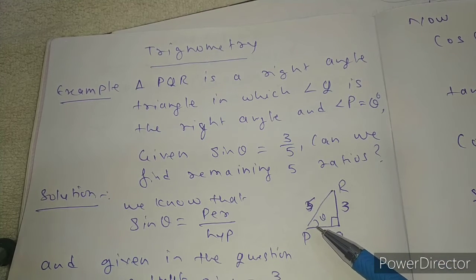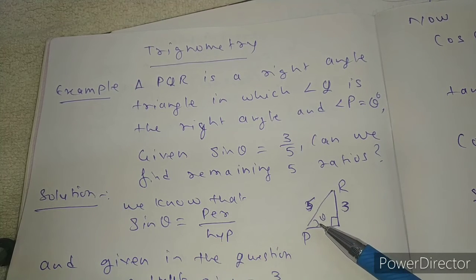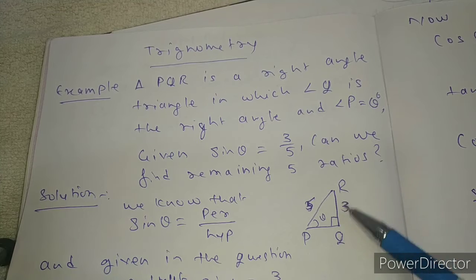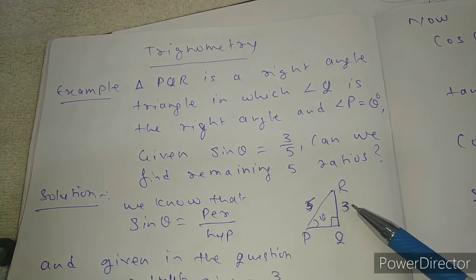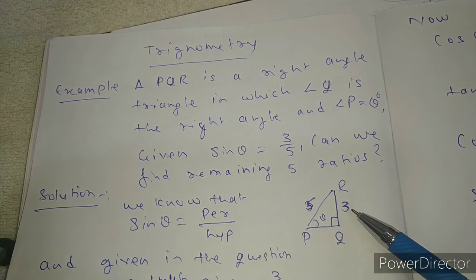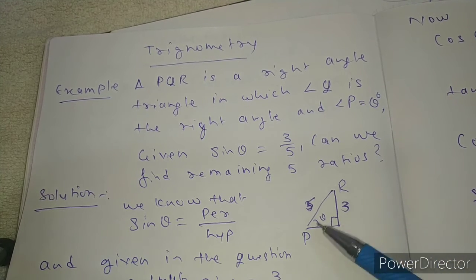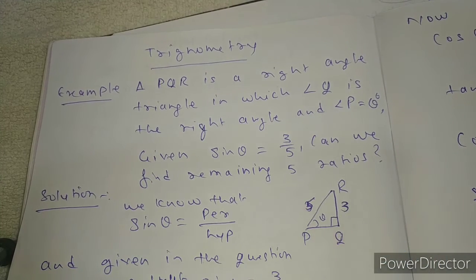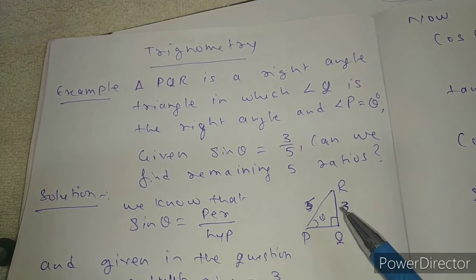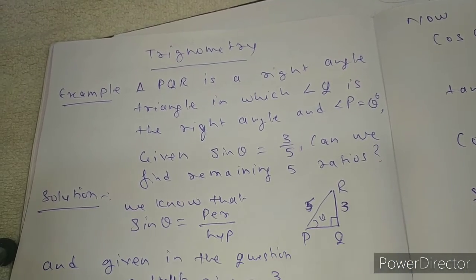Perpendicular, as I already told you, as we considered, theta is an angle, and the side opposite to the angle is always perpendicular. So the perpendicular will be 3 and the longest side, the hypotenuse, will be 5.